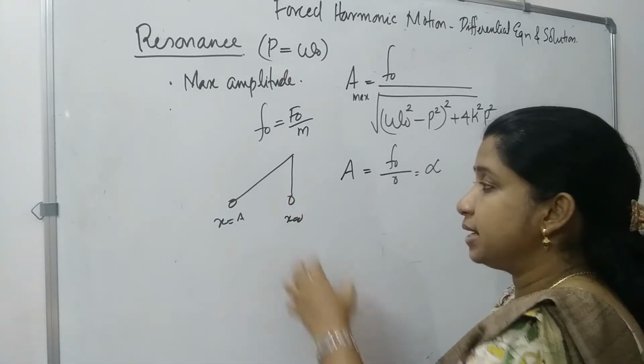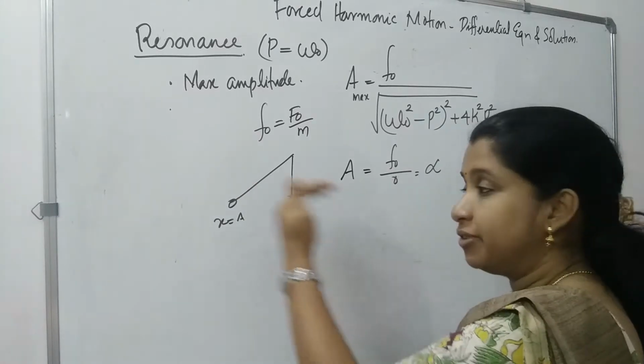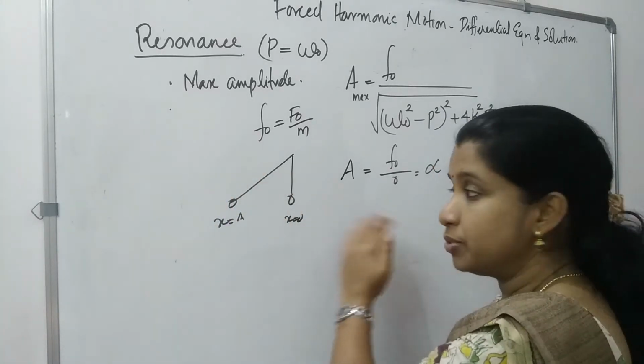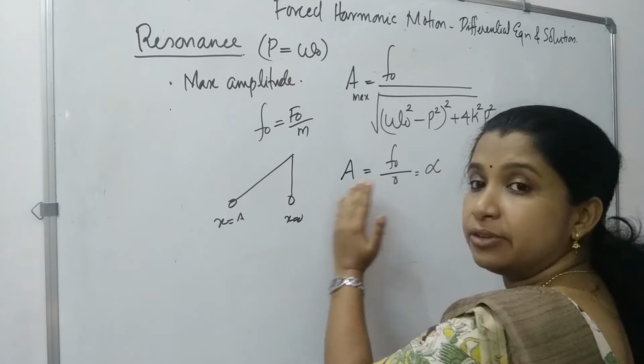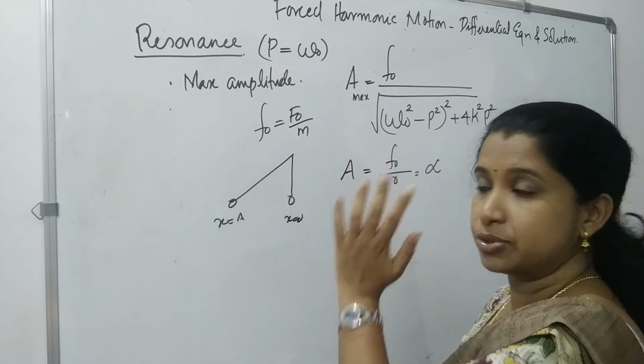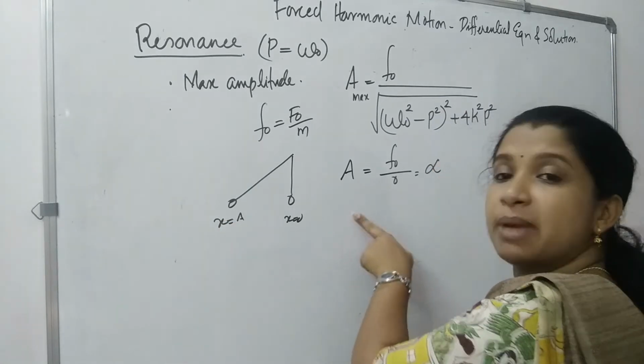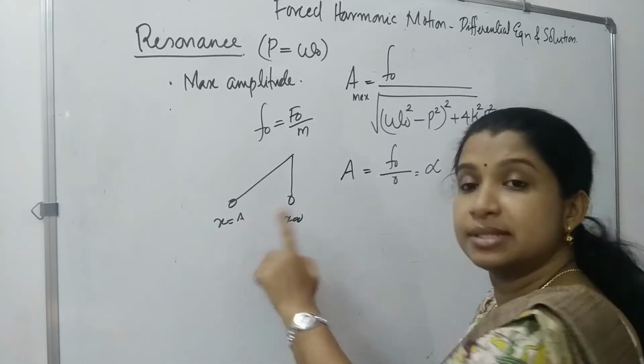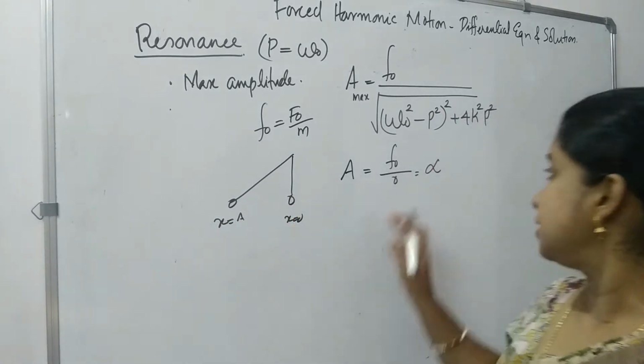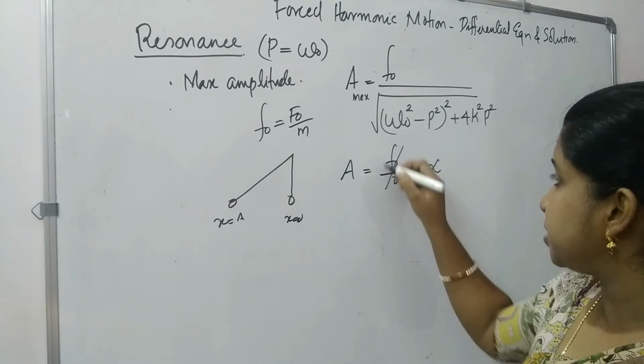If you apply an external periodic force to an oscillating body, it oscillates under the influence of this external periodic force. That means with the help of that external force, the body oscillates with maximum amplitude. So this A has a particular value. It is not infinity. So this condition is wrong.